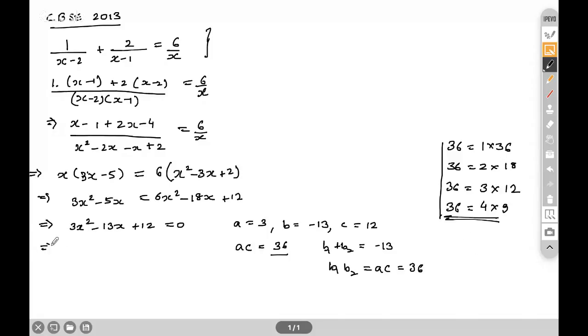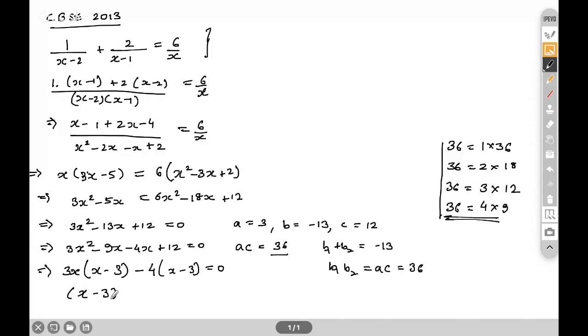So it can be written as 3x² − 9x − 4x + 12 = 0. If you now see, −9 × −4 is 36, and −9 + −4 is −13. Now the question remains to just find the commons. 3x is common, so it is x − 3, and then here 4 is common, so x − 3.